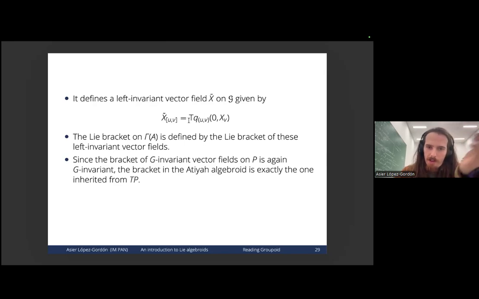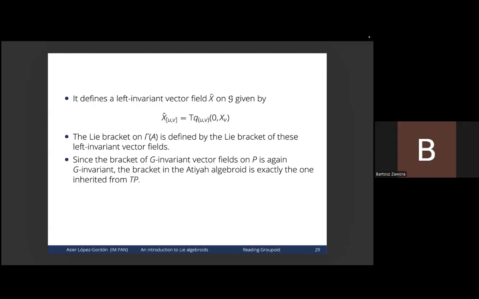This corresponds precisely to the Lie bracket on the Atiyah algebroid. By G invariance, I think it should be clear that this is precisely the Atiyah algebroid. Any doubts so far? Okay, thanks.